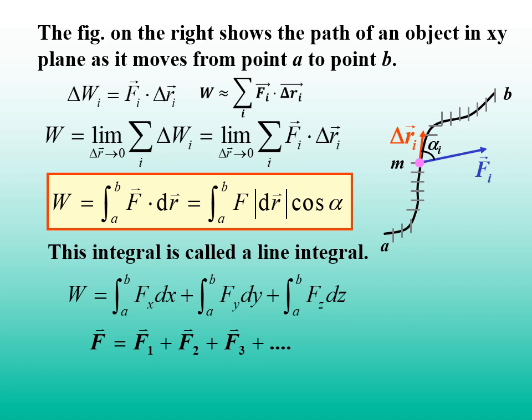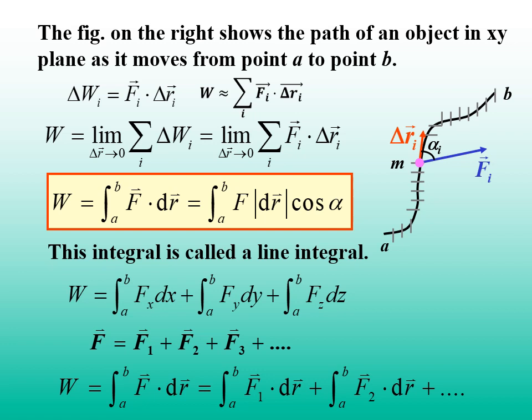If there are multiple forces acting on the object simultaneously, F equals F1 plus F2 plus F3 and so on, we have the distributive equation: work W equals the work done by F1 plus the work done by F2 and so on.